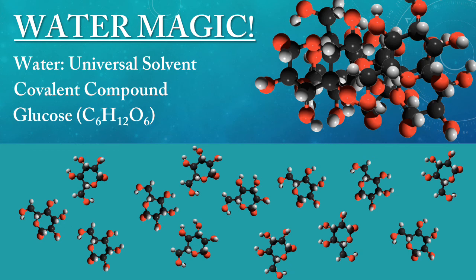So they're not dissociated like they are with the sodium and the chlorine, where the sodium is broken away from the chlorine. We still have whole glucose molecules here. The carbons are still attached to the oxygens, and the hydrogens are attached to the carbons and oxygens. So they're all still together as whole molecules.